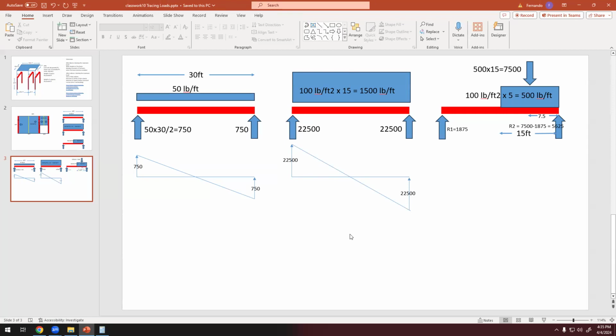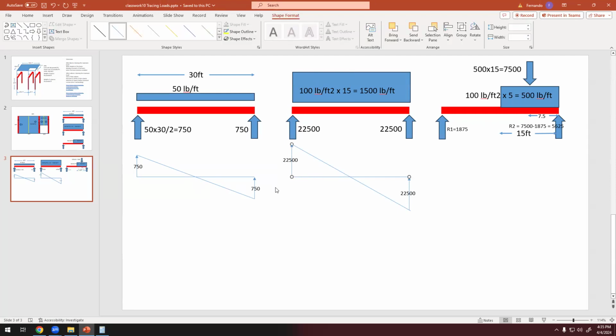Okay, so that's the shear diagram of that beam. And this is different. Okay, so let's do this one.